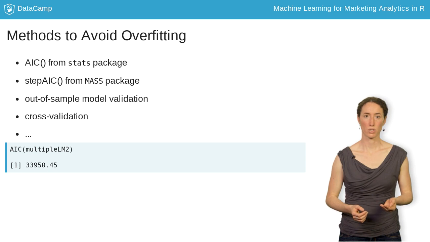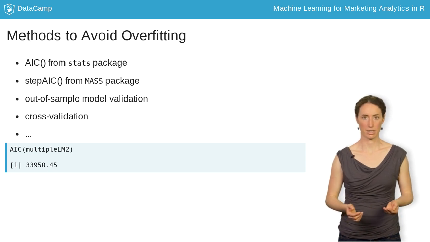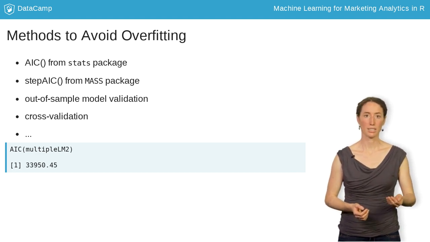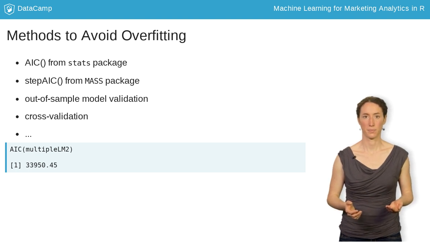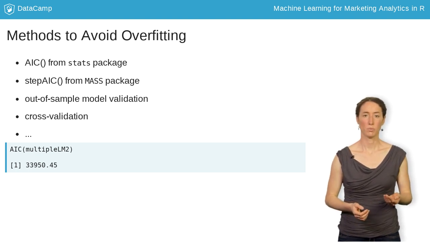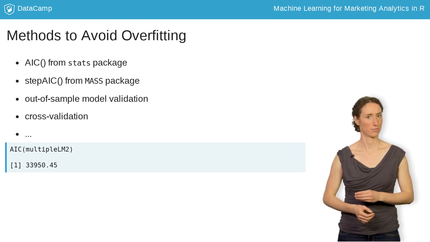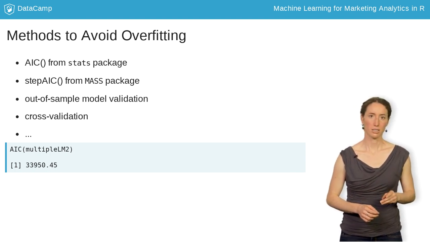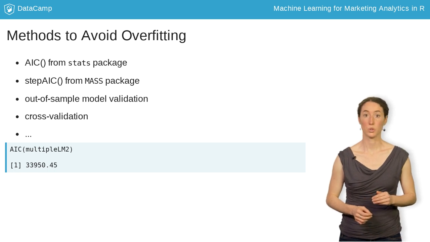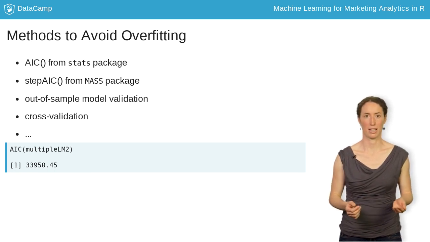Some measures for the goodness of fit, for example the AIC, penalize every additional explanatory variable so that you can control for overfitting while developing a model. When comparing two models, the AIC minimizing model is preferred. In R, you can find the AIC value using the AIC function from the stats package.